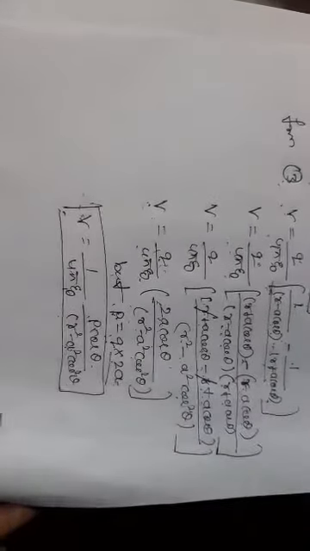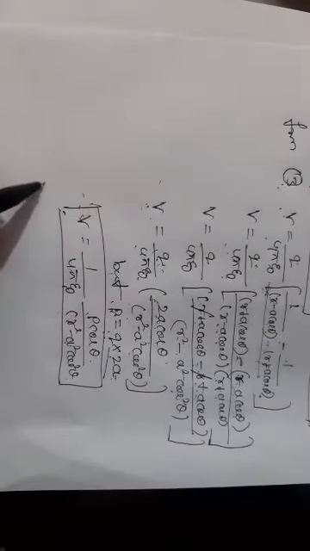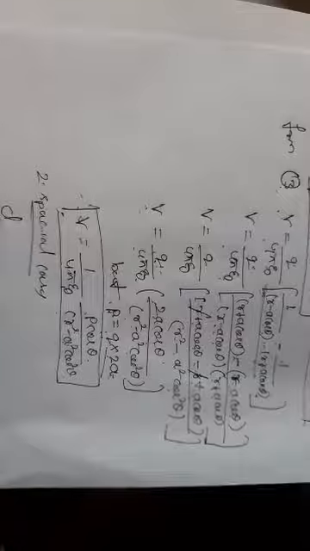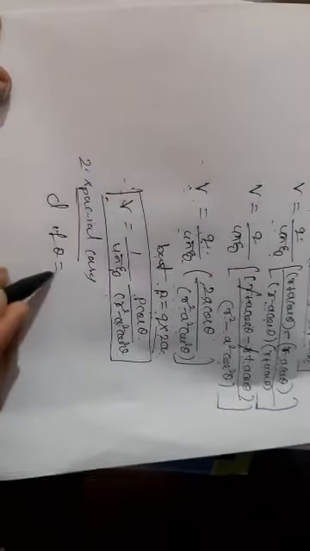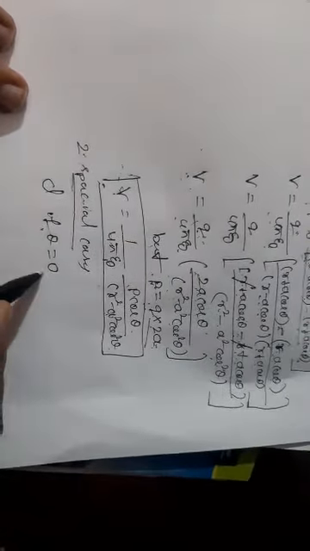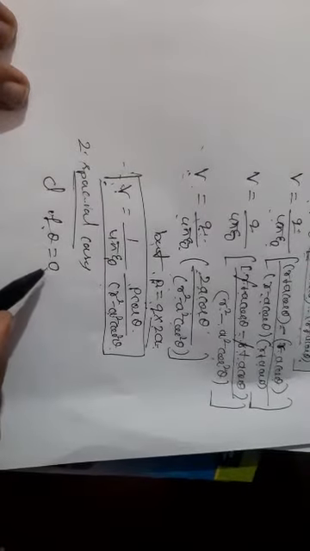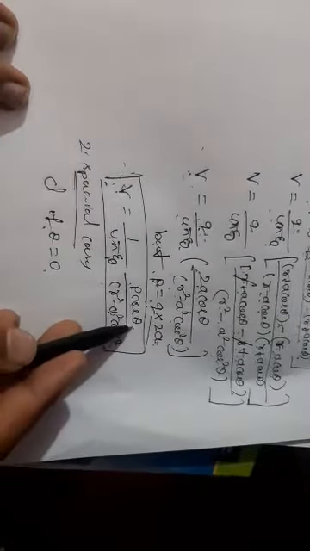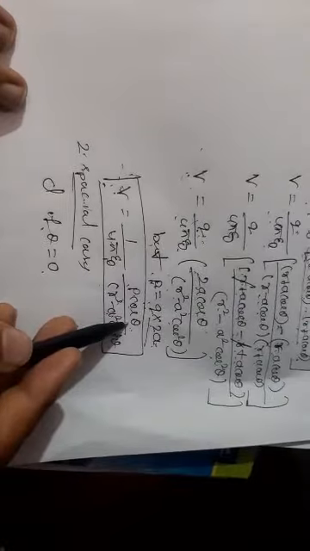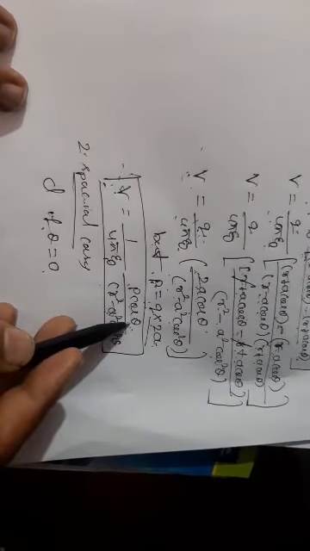There are two special cases. First case is if theta is equal to 0. When theta is 0, what is the electric potential? Cos 0 is 1.